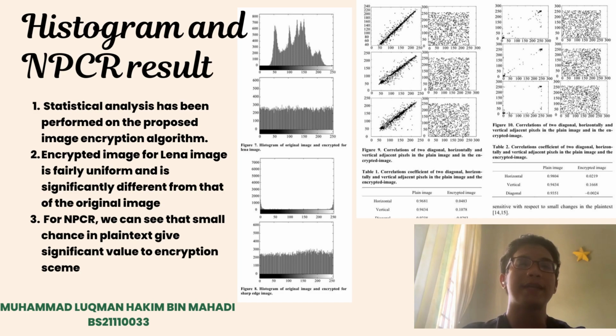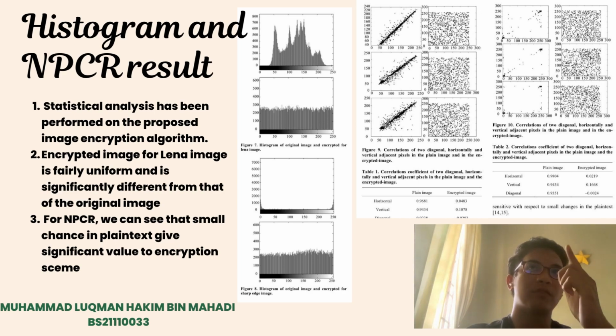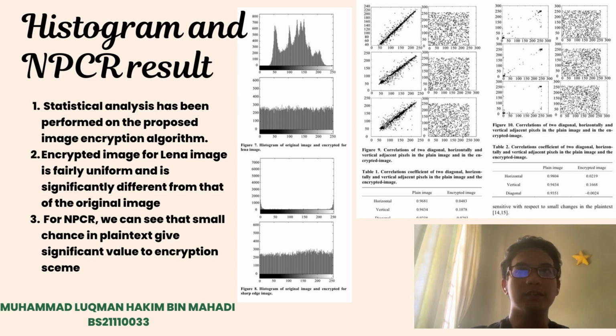For the histogram and NPCR result, we can see that statistical analysis has been performed on the proposed image encryption algorithm. The encrypted image histogram for the Lena image is fairly uniform and is significantly different from that of the original image. So we can see that the first graph is for the original, and below it is the encrypted image.